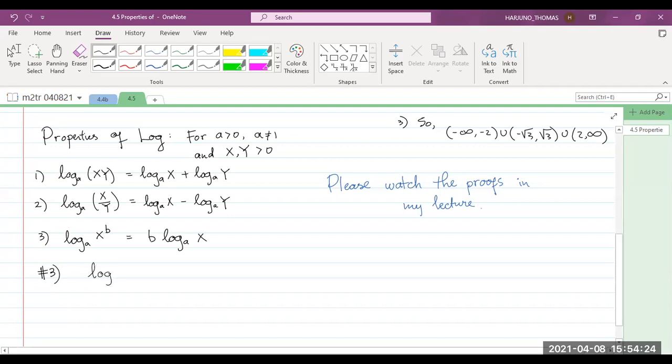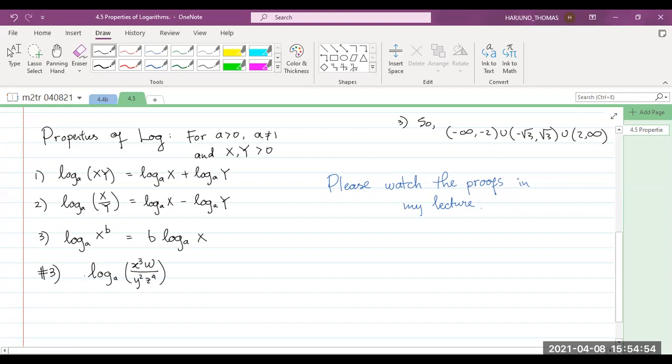Log base A of, I use parentheses here, x cubed w over y squared c to the 4th. I will do it slowly first, and then the second time I will do it faster. You have seen in my lecture how to do it fast also.